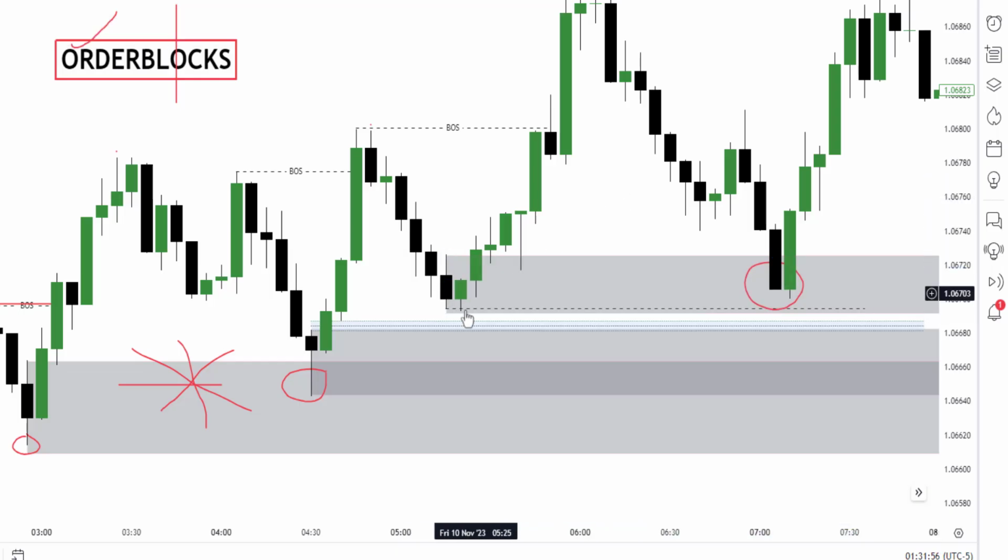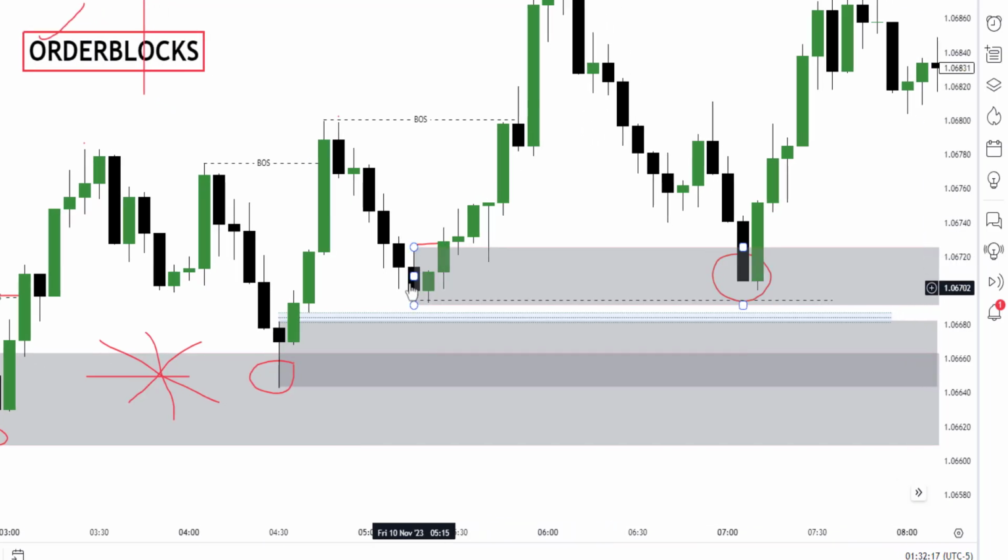Now it is okay for price to have more than 1 or 2 candlesticks that close above the order block. You can have 1, 2, even 3 to 4 bullish candles that completely close above it. It is still a valid order block. In marking the order block, you can mark out just this black candle, that is the sell candle.